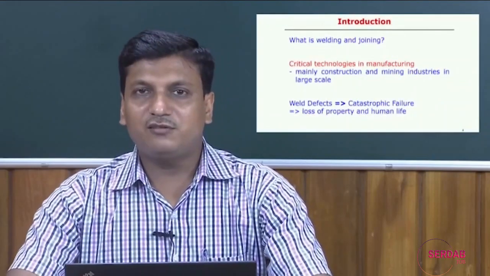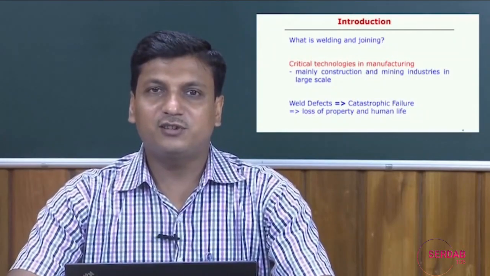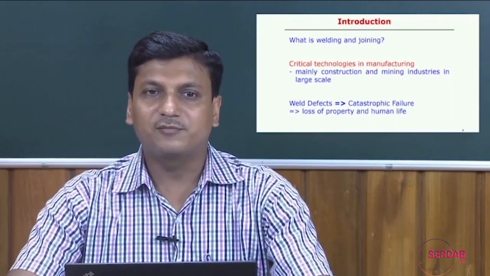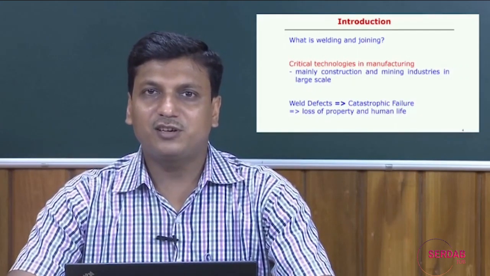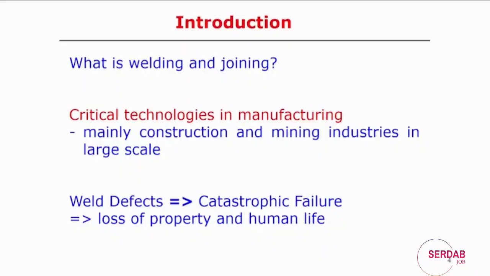And now, how can we define what welding and joining are? There is no precise definition of welding processes or joining processes, rather we can say that when two metals, specifically metallic materials, are joined by fusing with the application of different types of heat source, that in general is called the welding process.